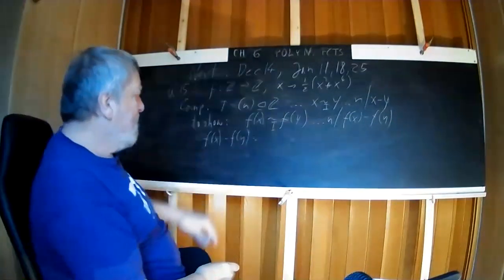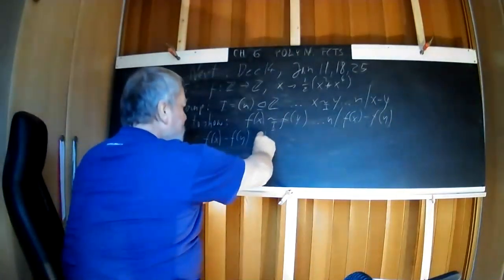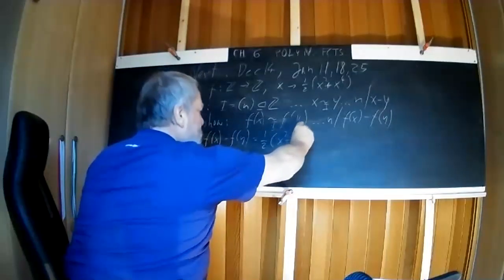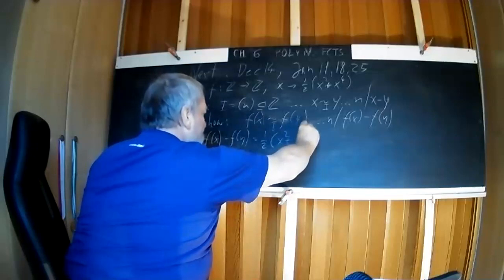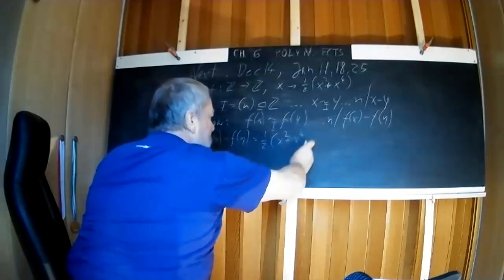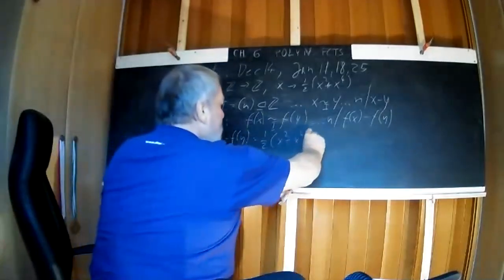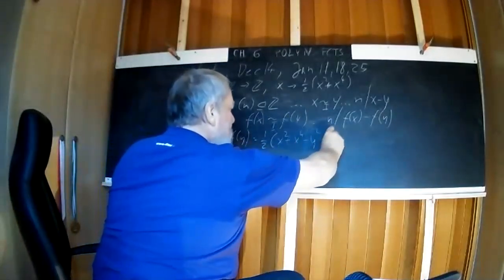If you plug in here, it's just 1/2 times x squared plus x to the 4th, and then we can simply continue, minus y squared minus y to the 4th.